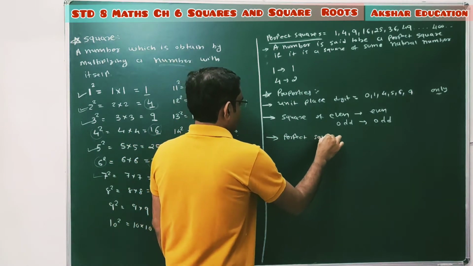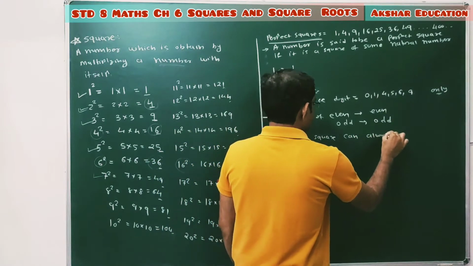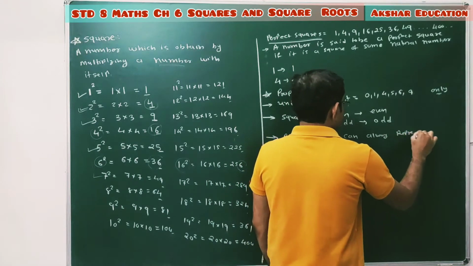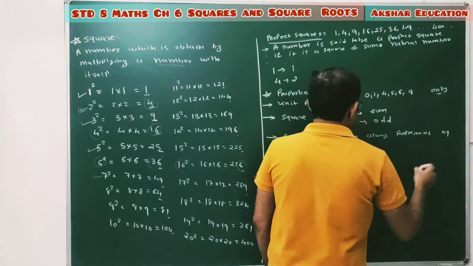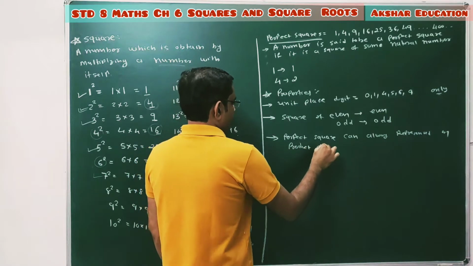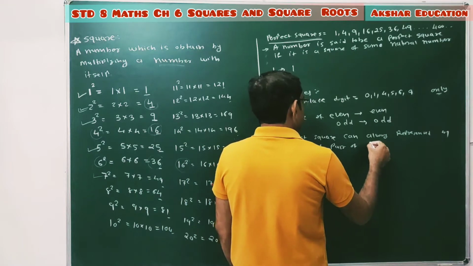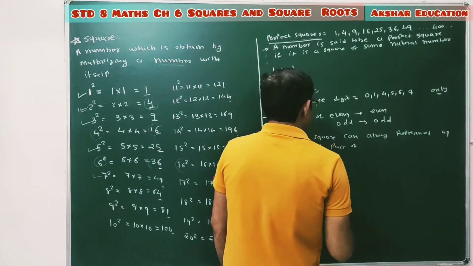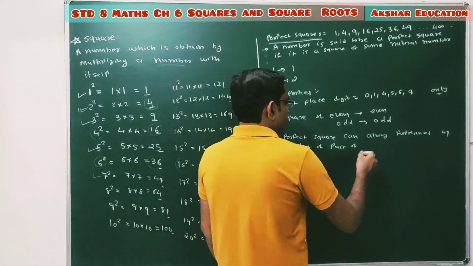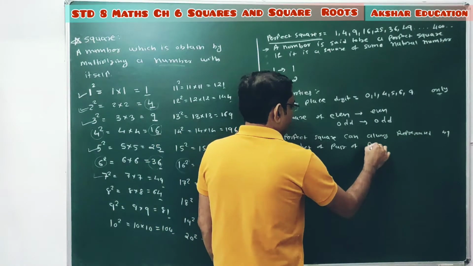A perfect square number can always be represented by the product of pairs of prime numbers.